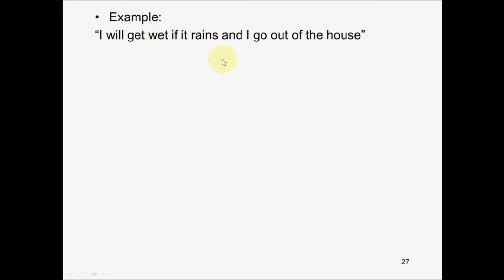So in such kind of molecular or complex propositions, how can we represent a sentence? So let's begin. Let W be the proposition that I will get wet. So for this sub sentence, I'm using proposition W to represent it. That means if the not operator comes before W, it will mean I will not get wet.